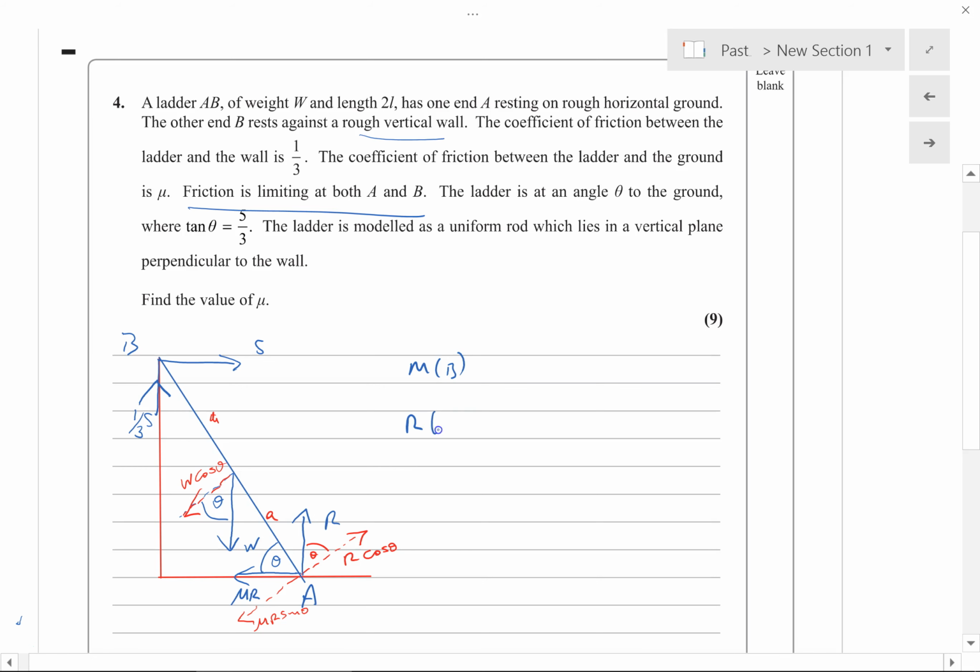R times 2A cos theta is the moment of the reaction force at A. Now that's equal to the 2 anti-clockwise forces, the weight, which is W cos theta times A, plus mu R sine theta times 2A.